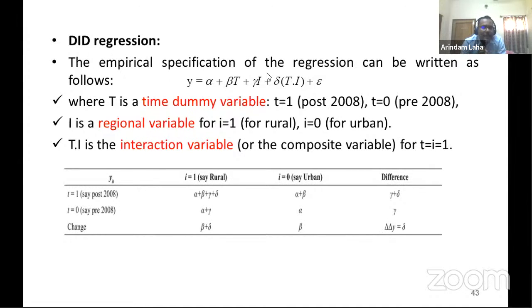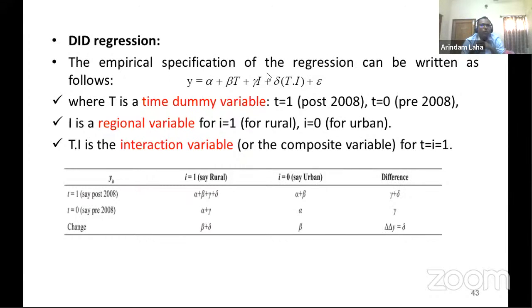Similarly, TI is an interaction variable, or composite variable. It combines the influence of both the regional variable and the time dummy variable. There is no other control variable in our specification. We have considered only the time dummy variable, regional variable, and interaction variable.